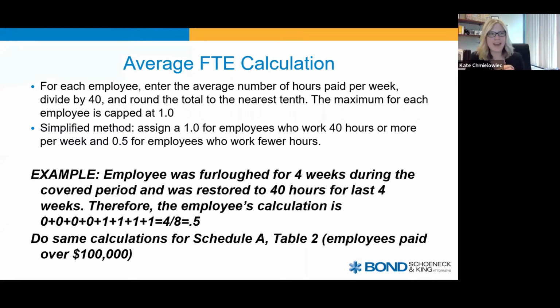And then you're going to divide that by 8 because we have an 8-week covered period. And then the total for this person is going to be 0.5. So again, you're going to do this calculation for each employee, both in table 1 and table 2, compared to the salary calculations you only did in table 1. Okay, next slide, please, Kathy.